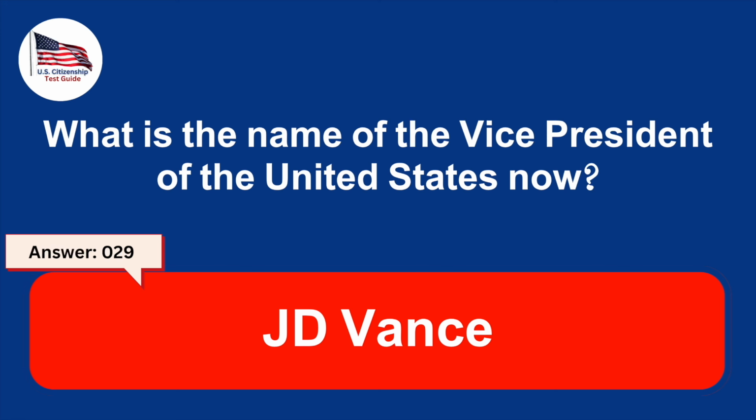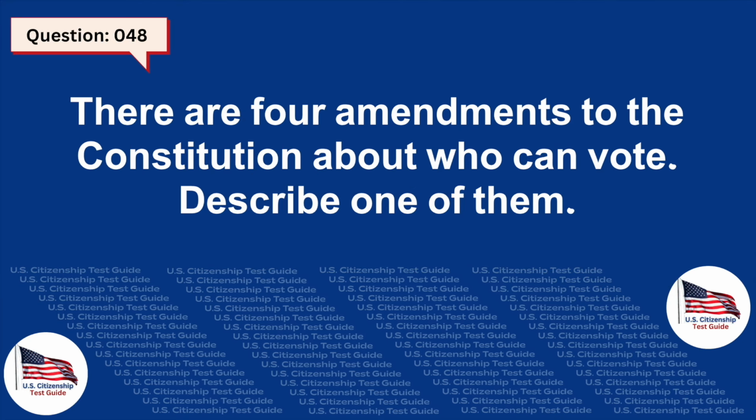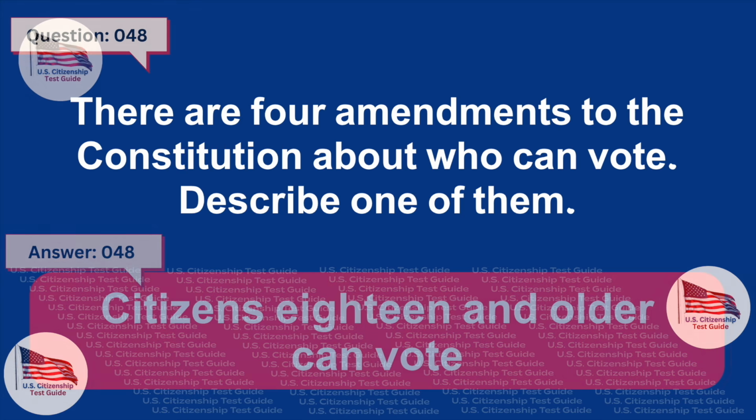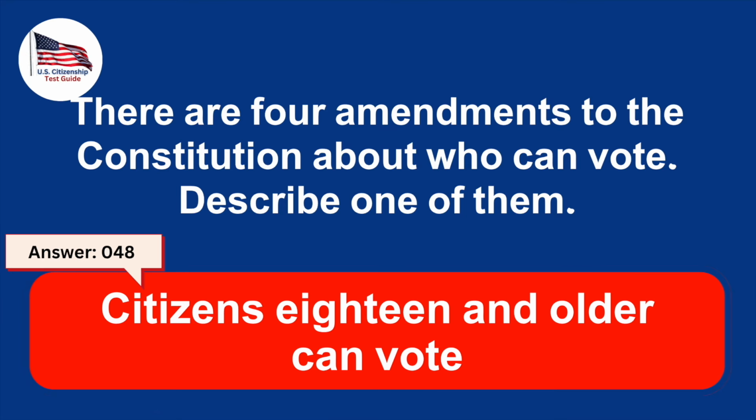J.D. Vance. There are 4 amendments to the Constitution about who can vote. Describe one of them. Citizens 18 and older can vote.